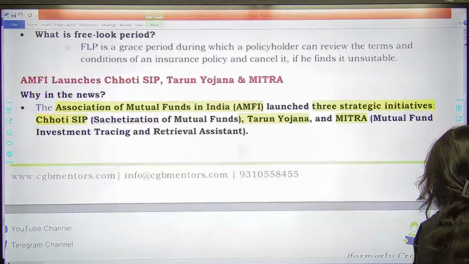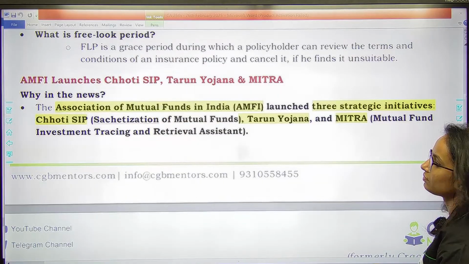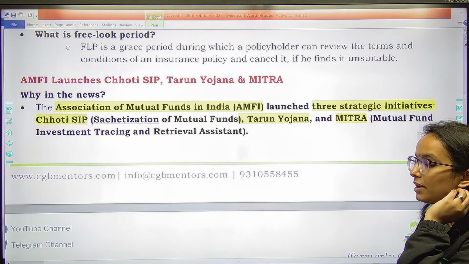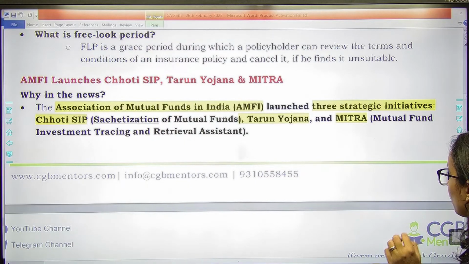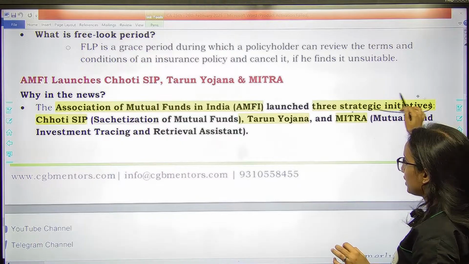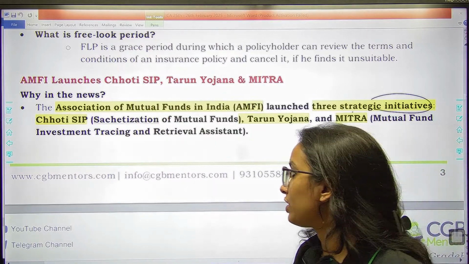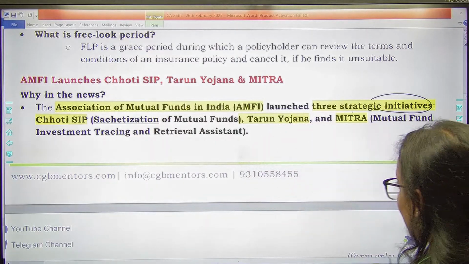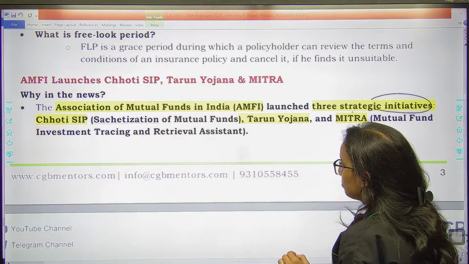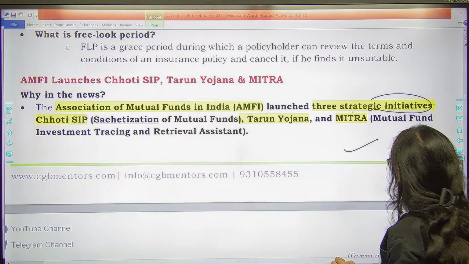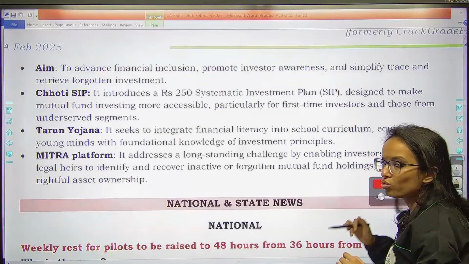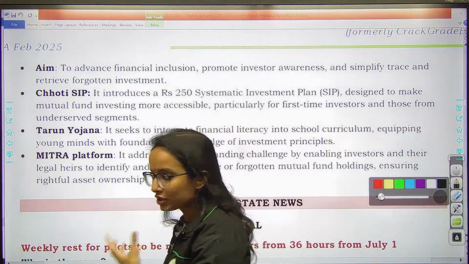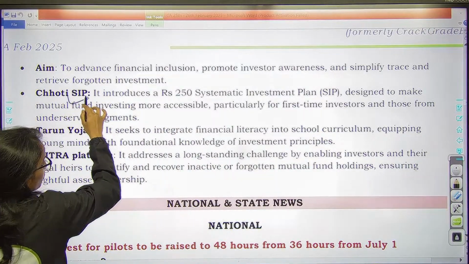Then next is your AMFI, Association of Mutual Funds in India, has launched 3 strategic initiatives. 3 initiatives इन्होंने launch की हैं. First is छोटी SIP, तरुण योजना and मित्रा. नाम से ही it is quite possible to guess. छोटी SIP is what?